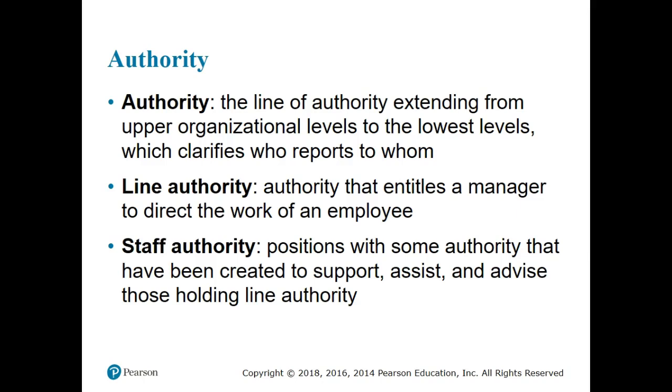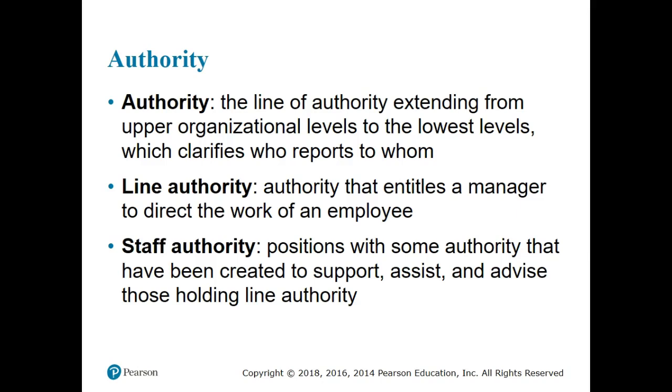In response, they create staff authority functions to support, assist, advise, and generally reduce some of the informational burdens. For instance, a hospital administrator who cannot effectively handle the purchasing of all the supplies the hospital needs will create a purchasing department, which is a staff function.